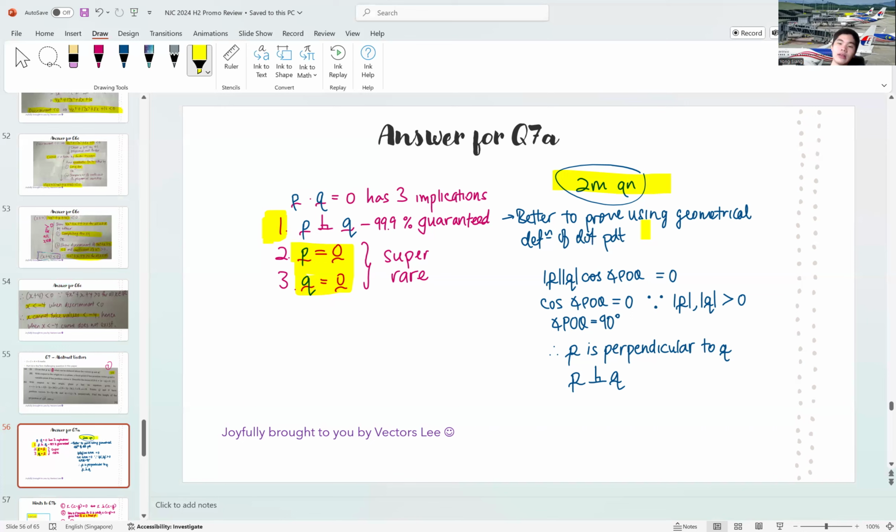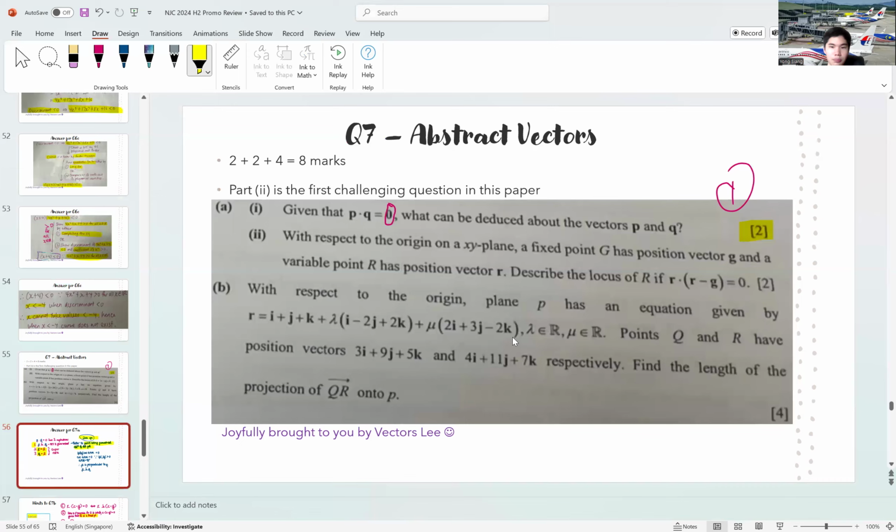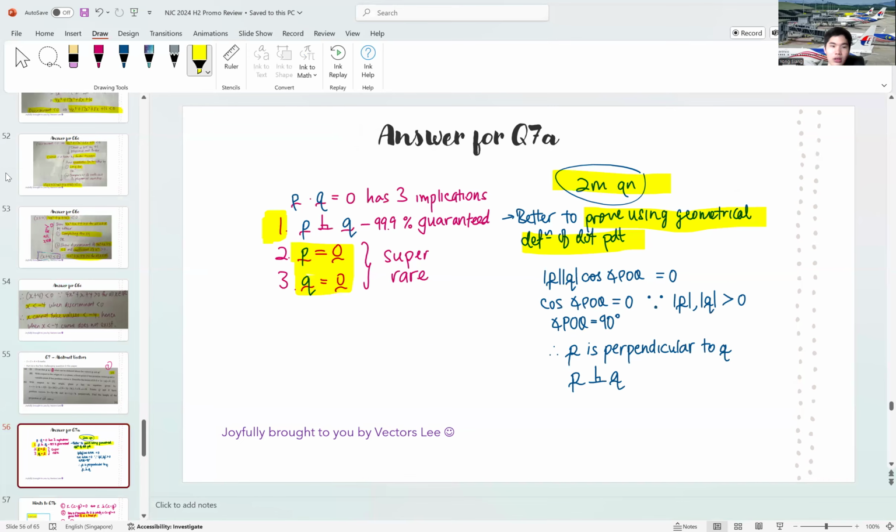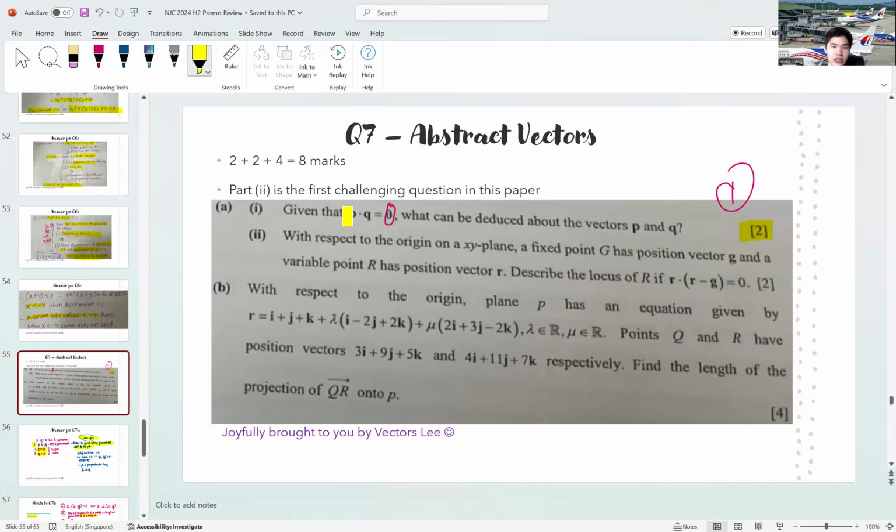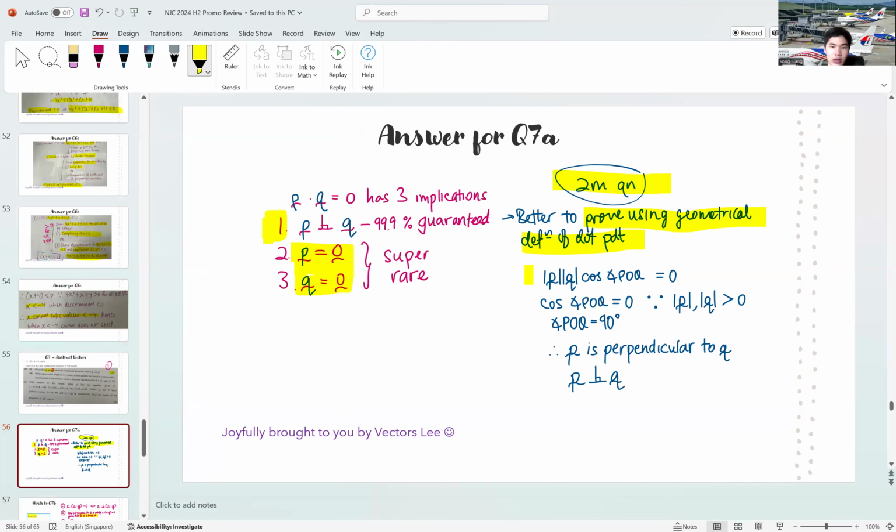Go and prove it using the geometrical definition, because ultimately this result is proved using the geometrical definition of dot product. So let's say P dot Q equals 0. Since P dot Q is 0, I apply the geometrical definition here.